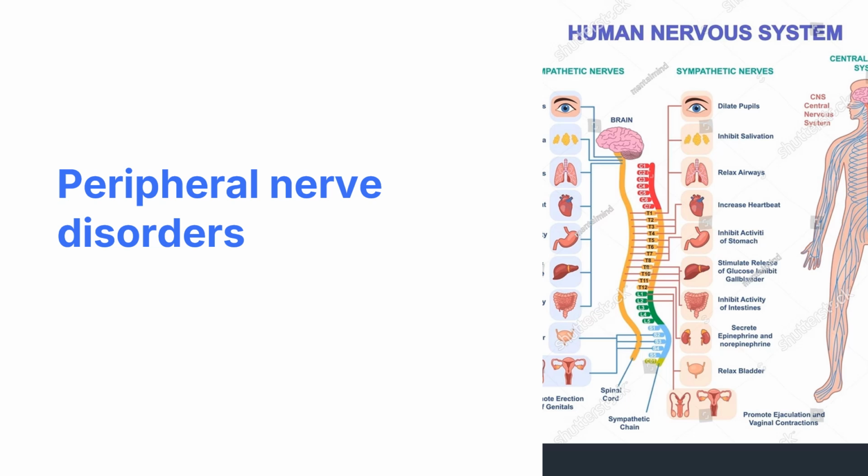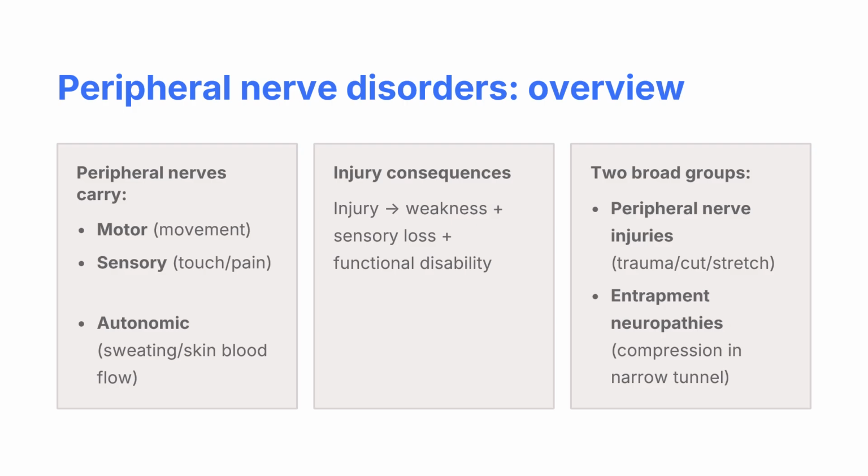Okay, so let us understand this. Peripheral nerve carries motor fibers for movement. It carries sensory fibers such as touch and pain, and autonomic fibers such as sweating and blood flow to the skin.